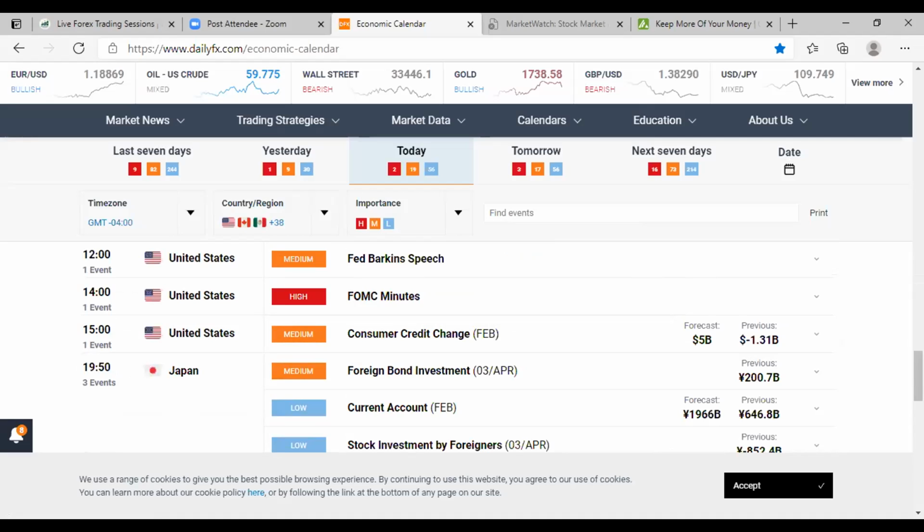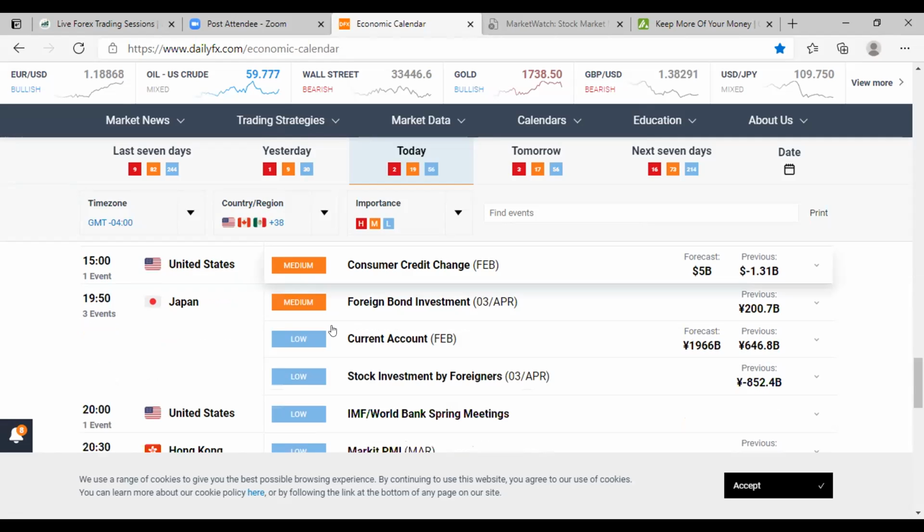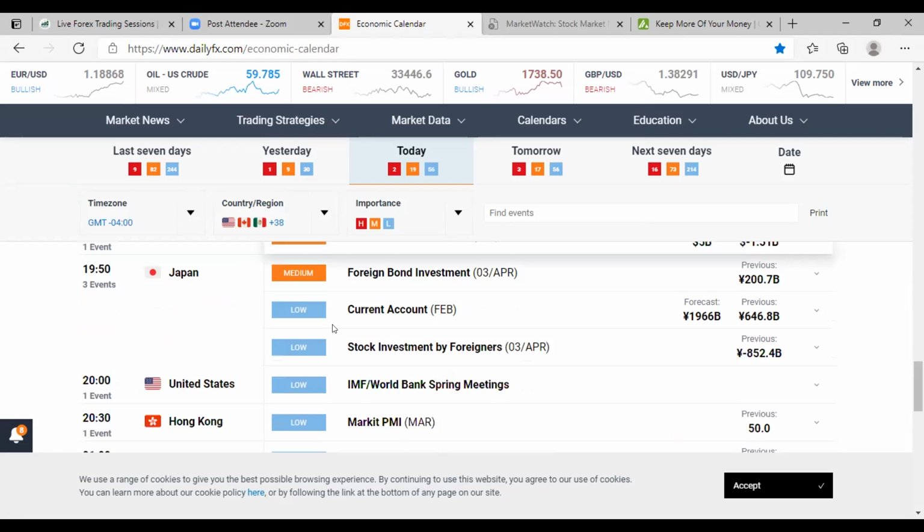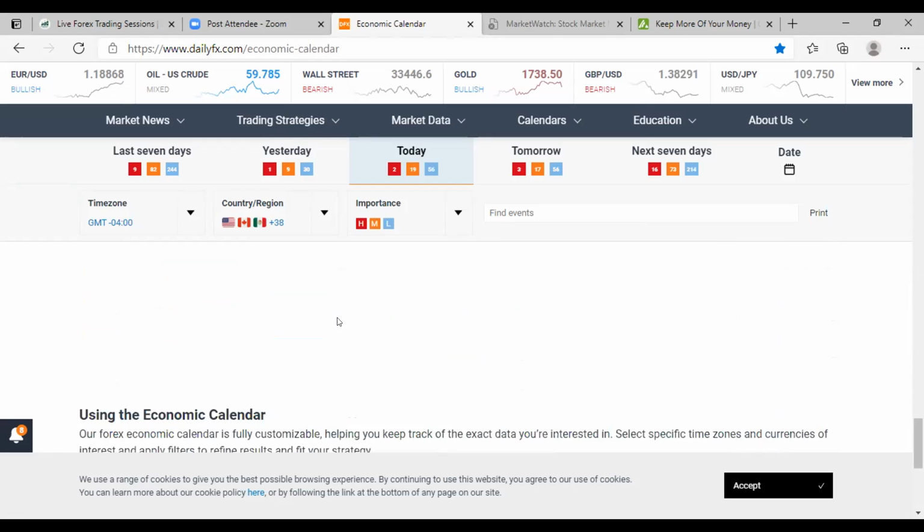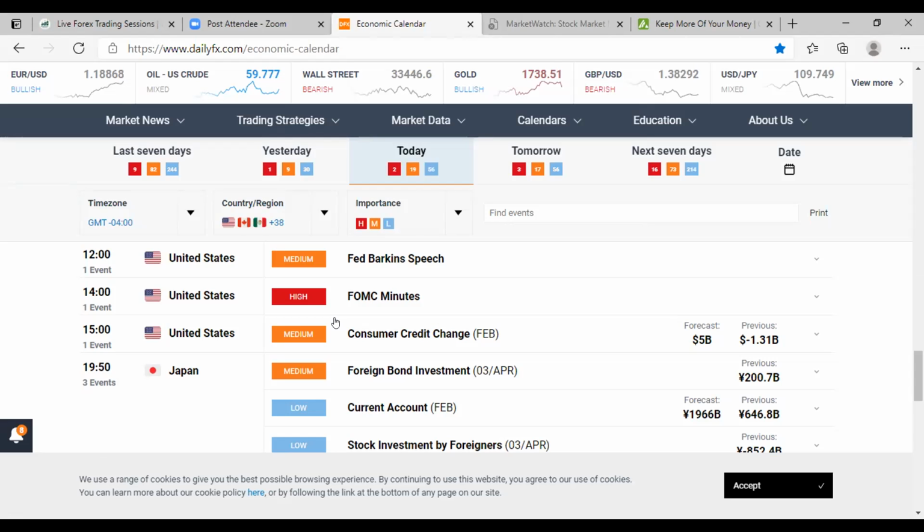The FOMC, the Federal Open Market Committee, pretty much manages the nation's money supply in a nutshell. That will definitely affect the market, the currencies. So I will pay attention to that.